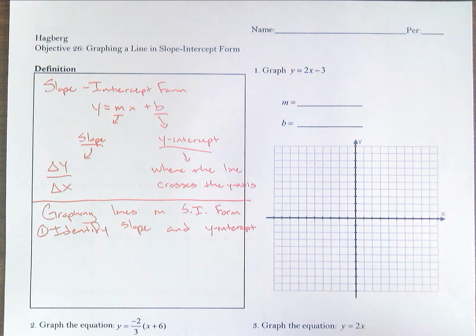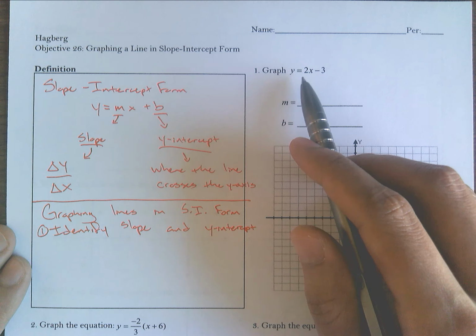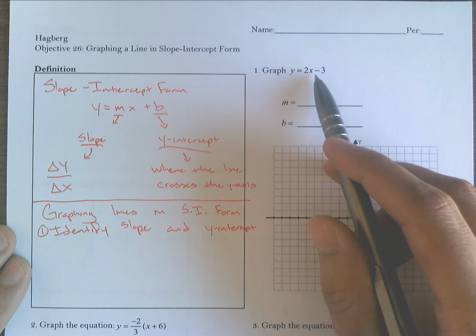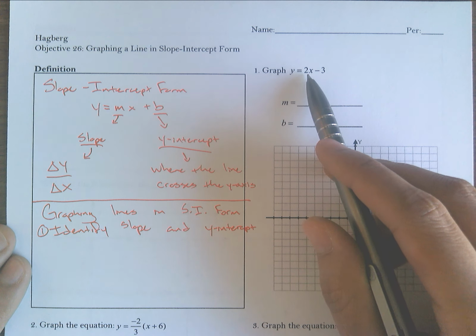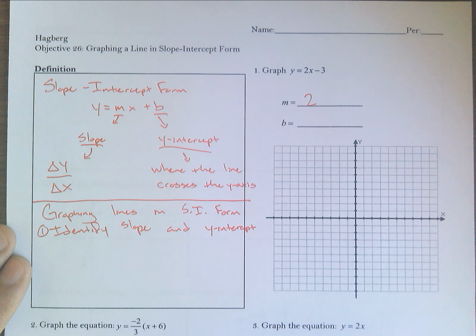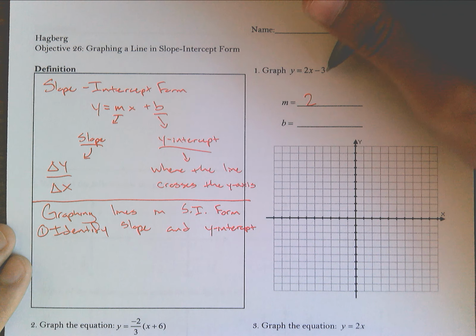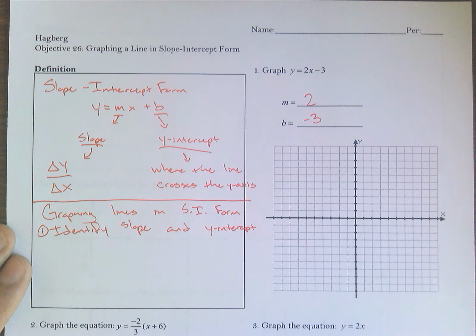If it's already in slope-intercept form, like this one here, we see this is in the form y equals mx plus b, where m is our slope, the number in front of x. So m, our slope, is 2. It's just 2, not 2x, just 2. Our y-intercept is that constant tagged on at the end. So in this case, minus 3 or negative 3. So our y-intercept b is negative 3.